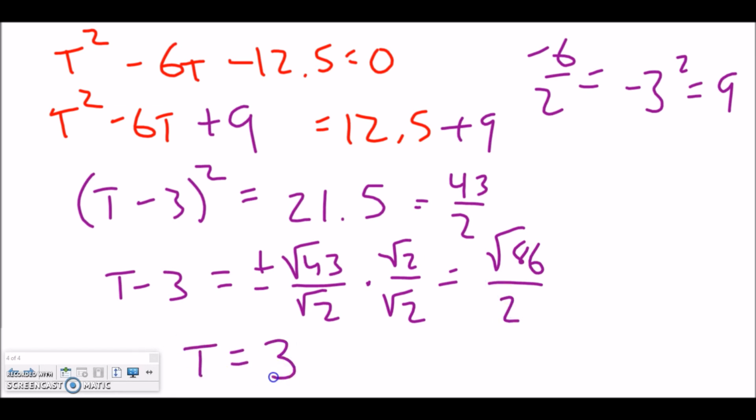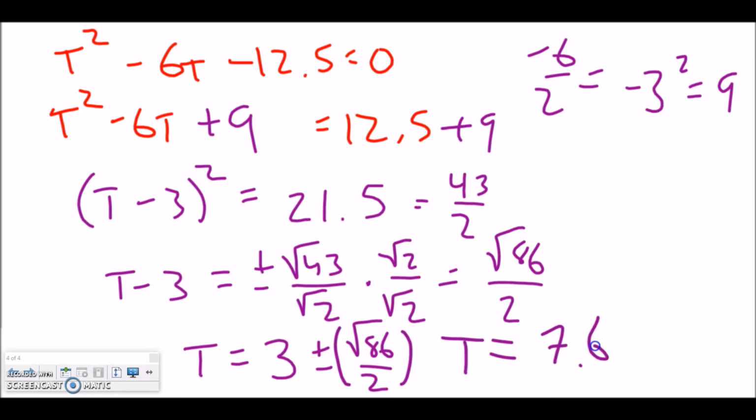T equals 3 plus or minus square root of 86 over 2. Get that into your calculator. Make sure you put parentheses around this fraction, and we should get 7.64 and negative 1.64.